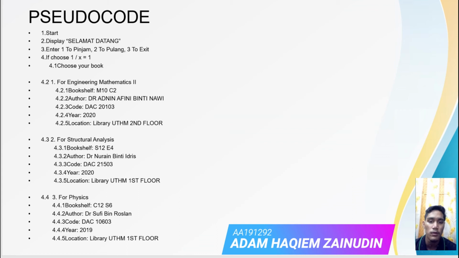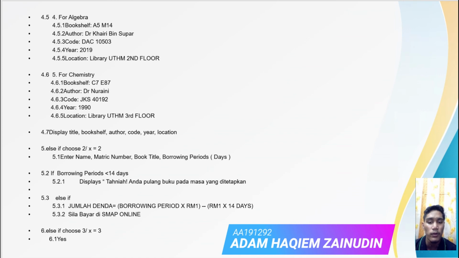Like number 1 is engineering mathematics, 2 is structural analysis, 3 is physics, 4 is algebra, and the last, 5, is the chemistry book. After they have chosen their book, the computer will display the title, bookshelf, author, code, year, and location.